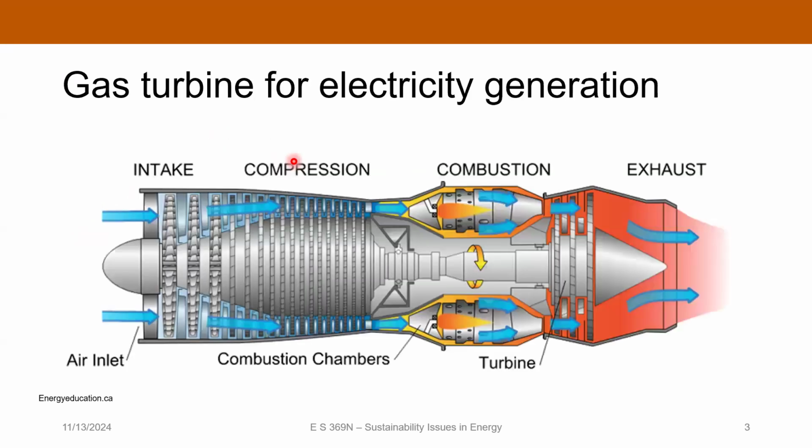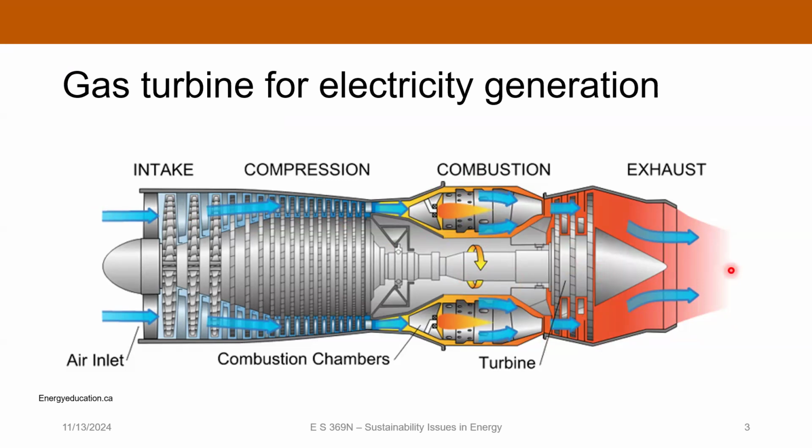So let's talk about that real quick. This is a generic gas turbine, what's used in a typical combined cycle natural gas plant. The air comes in here, it gets compressed, it gets mixed with the natural gas, which spins the turbine, and then the exhaust comes out the other end.